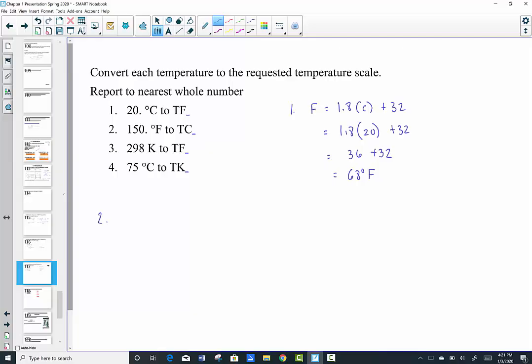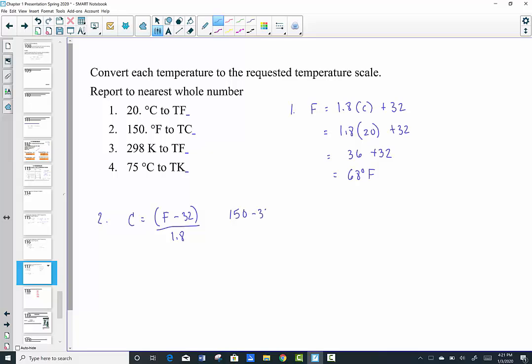That's rounded to the nearest whole number. How about problem 2? 150 degrees Fahrenheit to Celsius. So Celsius is found by taking Fahrenheit minus 32 and then dividing out the 1.8 conversion factor. So the Fahrenheit given to us was 150.